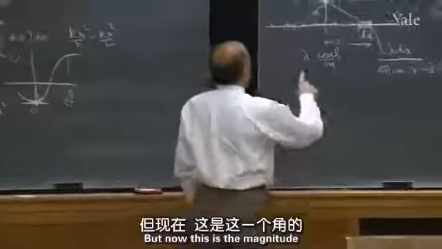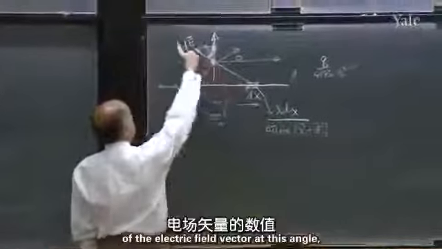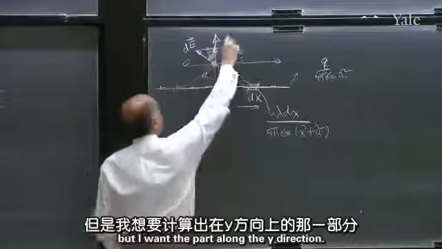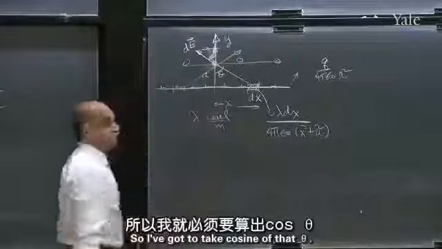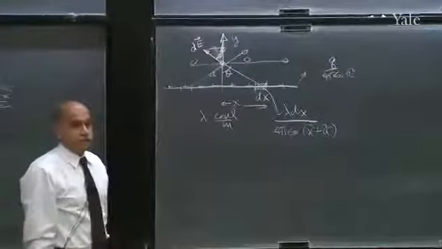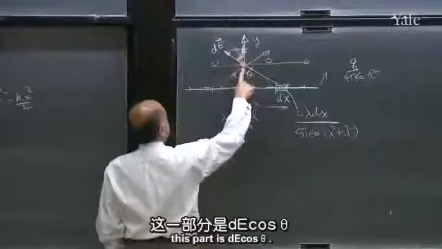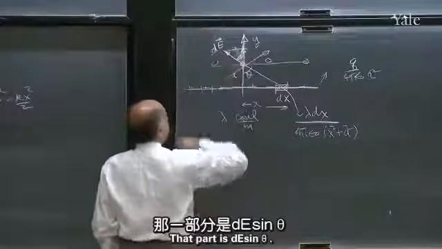But now, this is the magnitude of the electric field vector at this angle, but I want the part along the y direction. So I got to take cosine of that theta. You guys follow that? If you took this vector, this part is dE cosine theta, that part is dE sine theta.